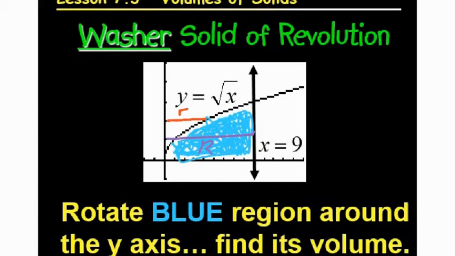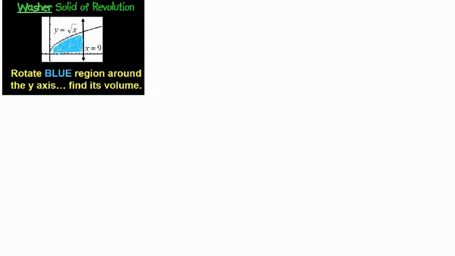So this is going to be a good example of the washer method, because the region is not fully touching the y-axis, which leaves us with that little r, shown here in red. And of course, we can define little r as the equation. Now, have you noticed that the equation needs to be solved for x, since this is going to be an x value?